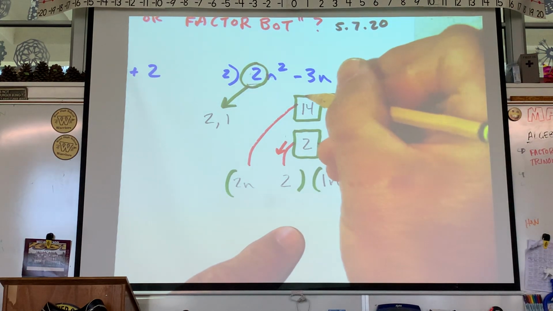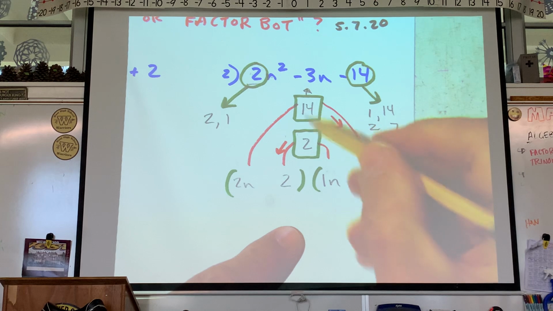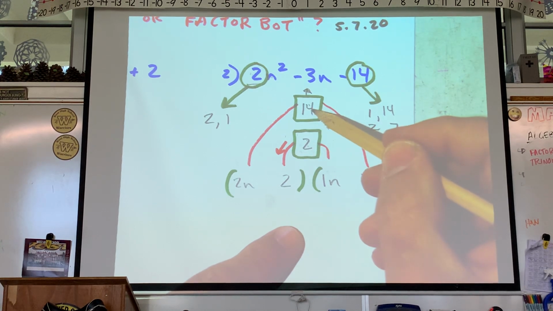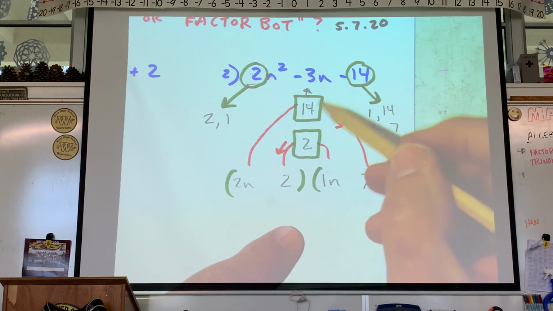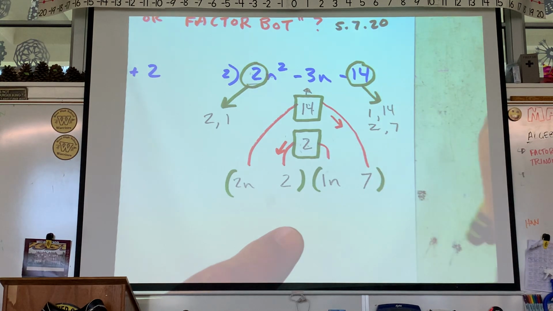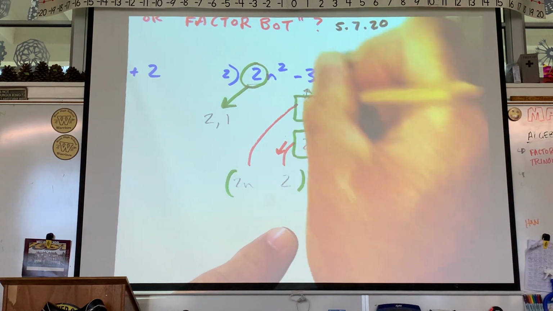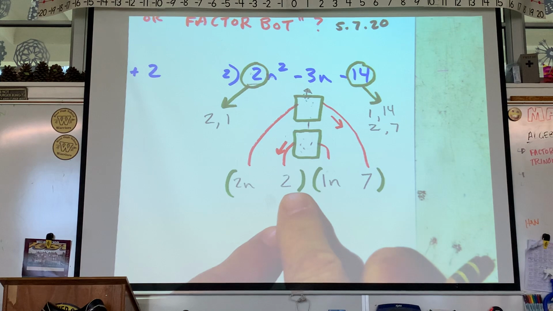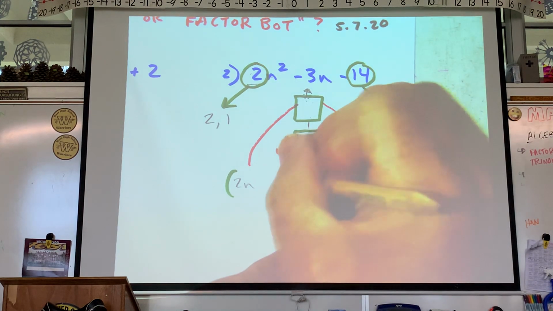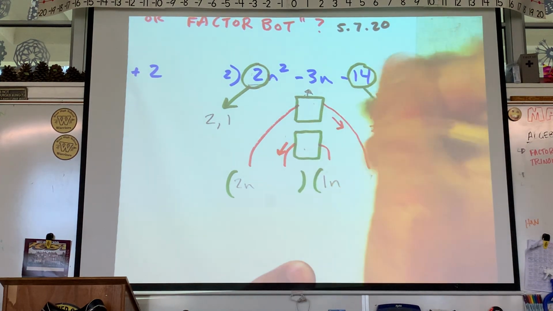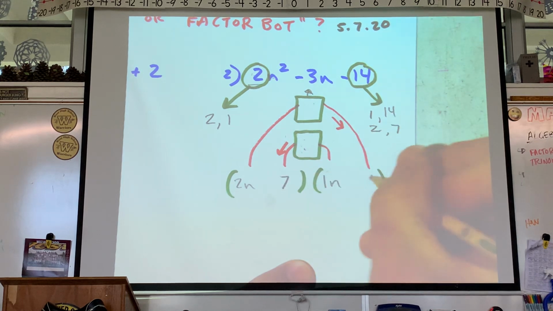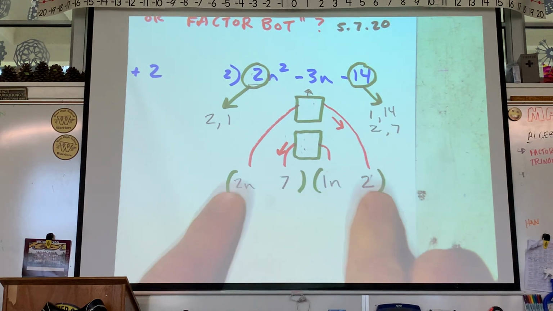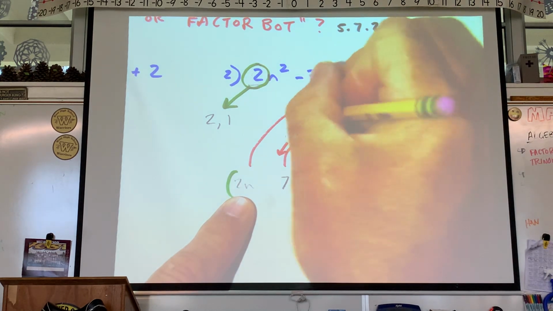I'm looking up through these boxes and saying, can 2 plus 14 get me to negative 3? No way. Can 14 minus 2 get me to 3? No. Let's erase these boxes and switch the 2 and the 7. Let's bring the 7 over here and put the 2 right here. Outsides: 2 times 2 is 4.